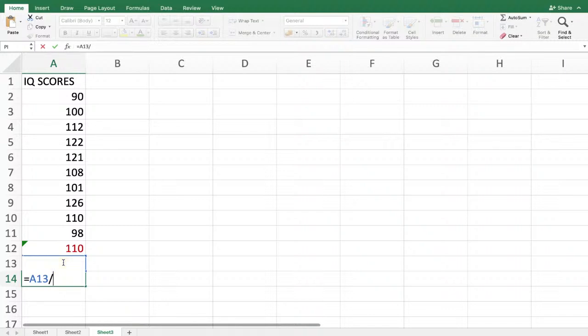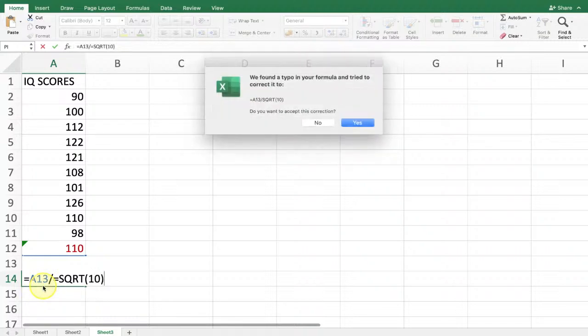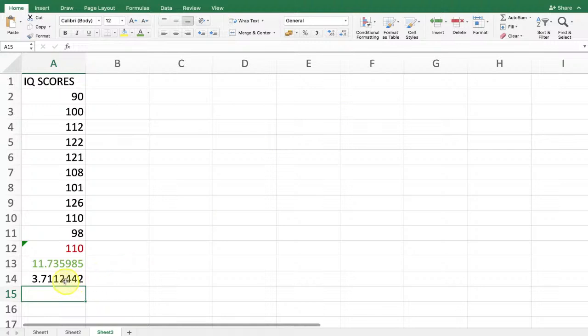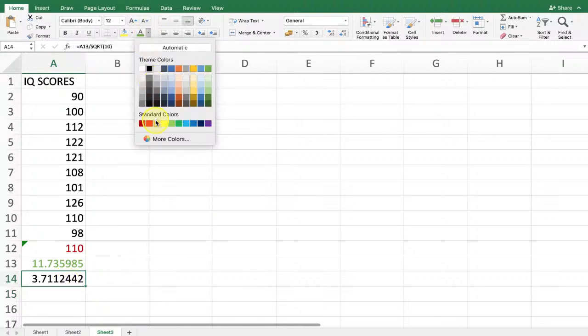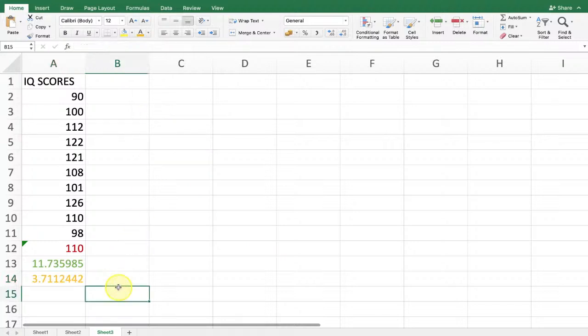We also have a square root function, SQRT. That's n, the number of observations. So this is the standard error. May I use another color, yellow this time, for the standard error.